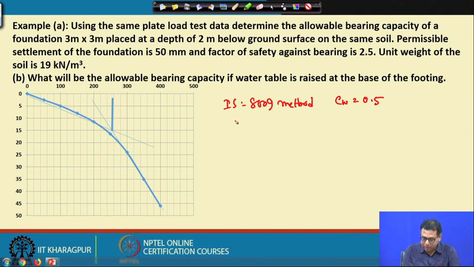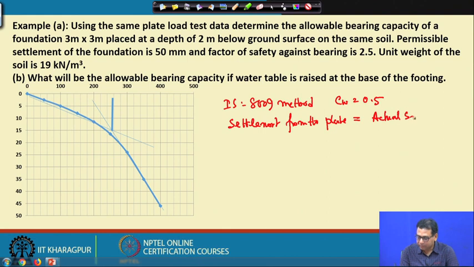So, your actual settlement is 50 into CW, which will be 25 millimeter.